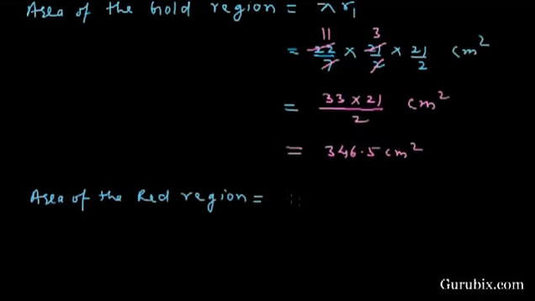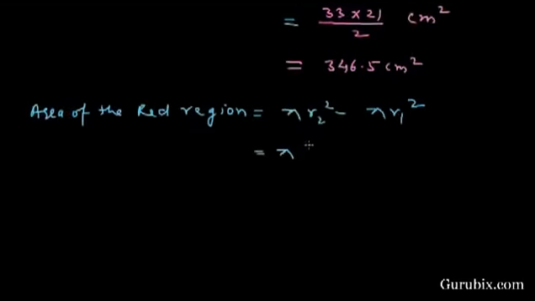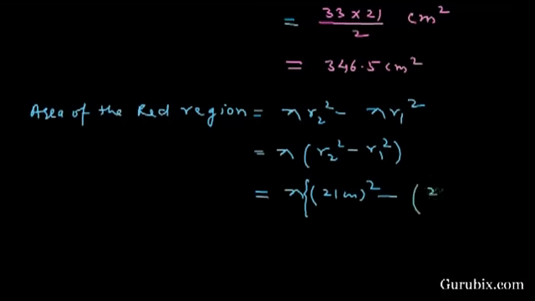And now we shall find the area of the red region. It will be pi R2 square minus pi R1 square. Pi can be taken common, so we have pi times R2 square minus R1 square. So this is equal to pi, and R2 is 21 centimeters, so it will be 21 centimeter square minus 21 over 2 centimeter square.